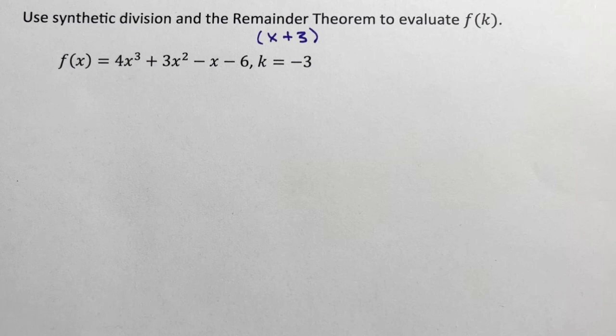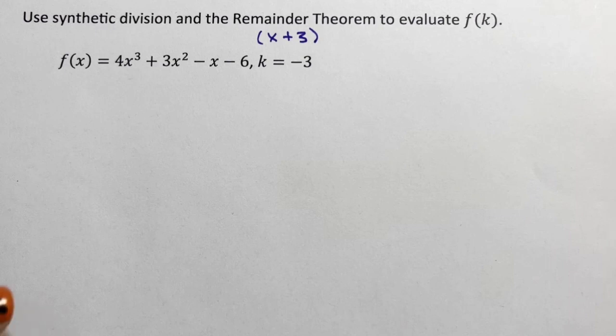And that's what we're testing out. We're saying if we divided 4x cubed plus 3x squared minus x minus 6 by x plus 3 in long division or synthetic division, we should get the same final remainder as if we just put -3 into the function.